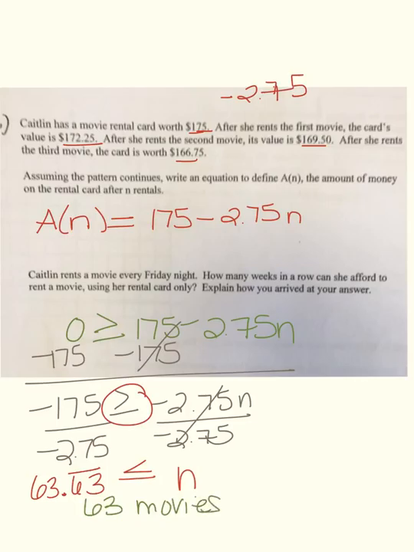So if we set the equation greater than or equal to 0, because we know she's going to have to purchase more than 0 movies, and it's not an equation, it's an inequality, greater than or equal to 0.